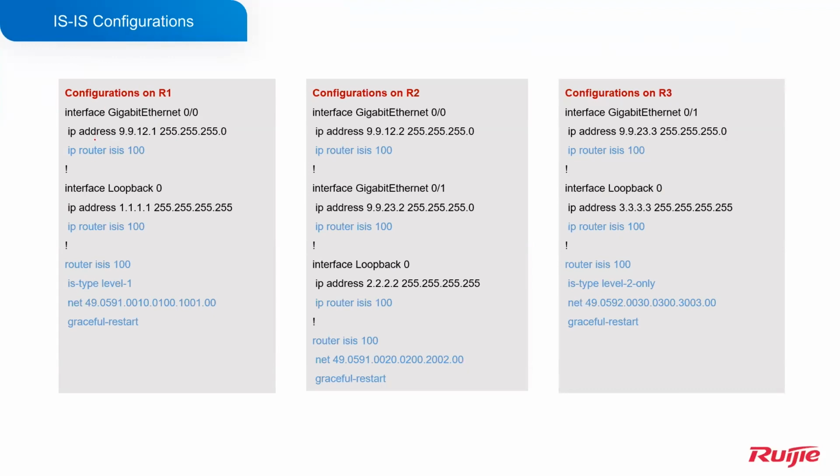About route 1, first you have to enable the ISIS function: router isis, and the process ID is 100. Because route 1 is a level 1 router, you can change the router type to level 1 and give a NET address, and you can enable graceful restart. Then for which interface you want to advertise to a neighbor, you enable the ISIS function with ip router isis. Also your loopback address.